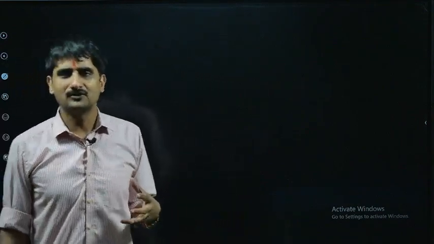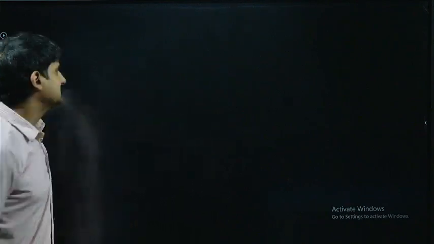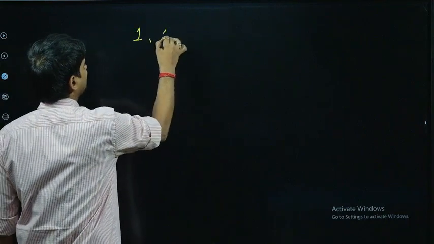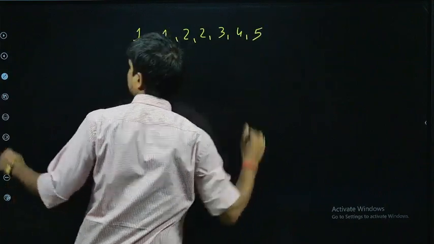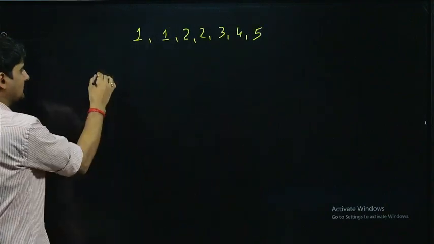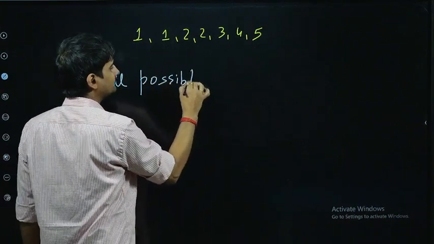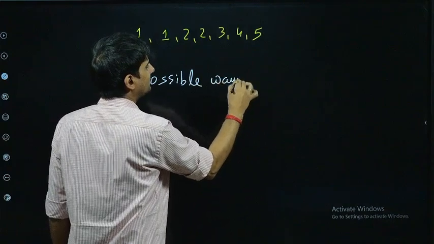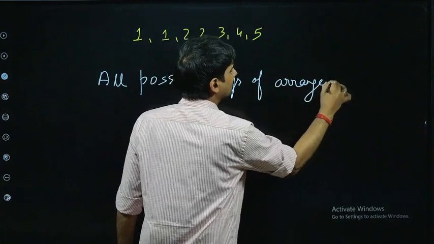I thought to use here the concept of principle of inclusion and exclusion. So according to that principle, these are 7 objects in front of me which I have to arrange. So all possible ways of arrangement, how many will they be?